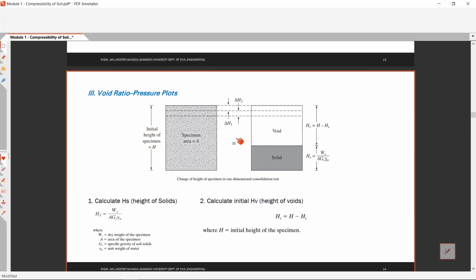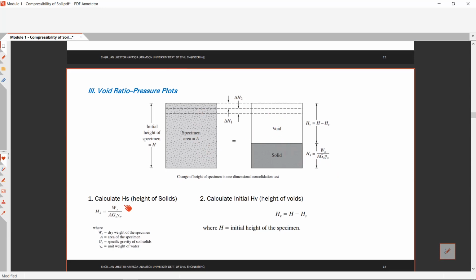Now, yung specimen natin, we can arrange that into soil solids and voids. Okay? Paghiwalayin lang natin kunwari, hindi natin siya paghiwalayin in actual, pero we can compute how much is yung solid and how much yung sa voids.